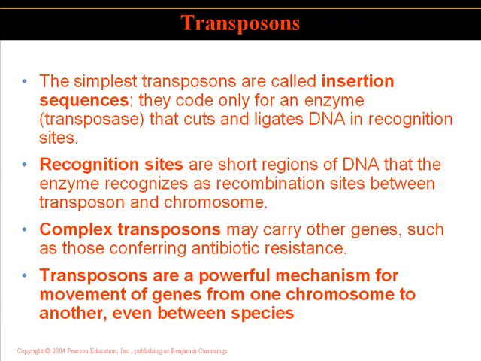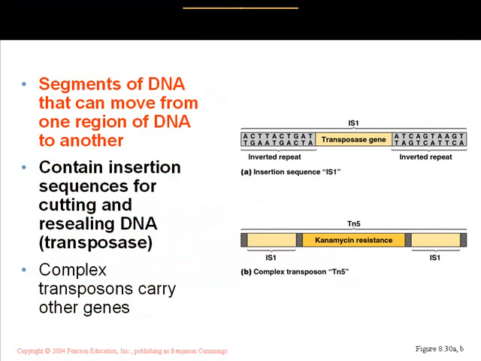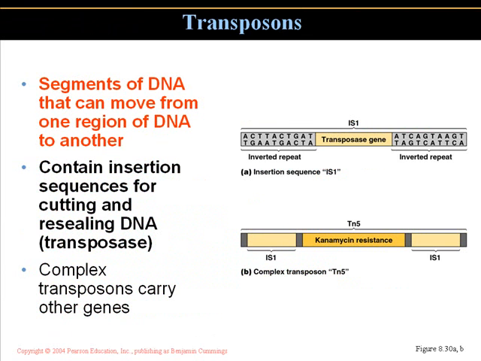You can have complex transposons which carry other genes, such as those conferring antibiotic resistance, as I've talked about previously. Transposons are a very powerful mechanism of movement of genes or genetic information from one chromosome to another and between species. Just another definition for you to be able to appreciate this illustration out of your book.